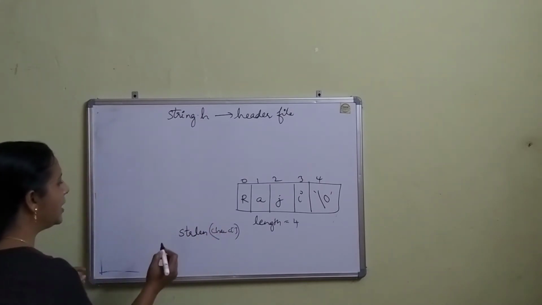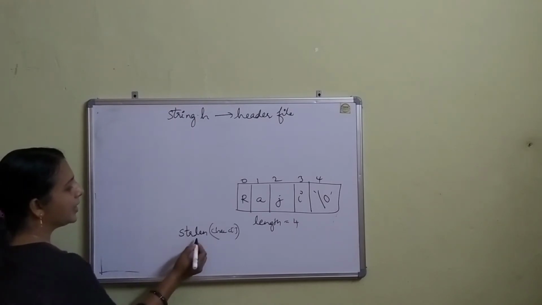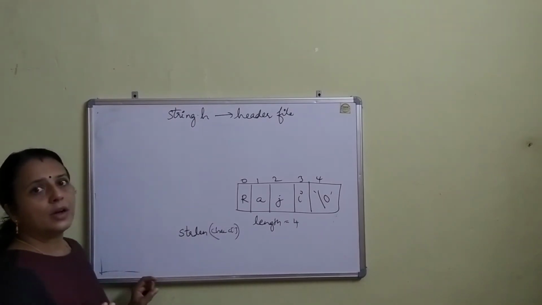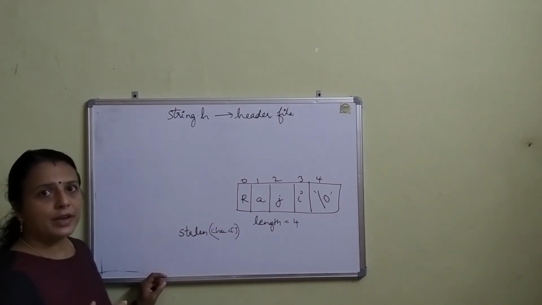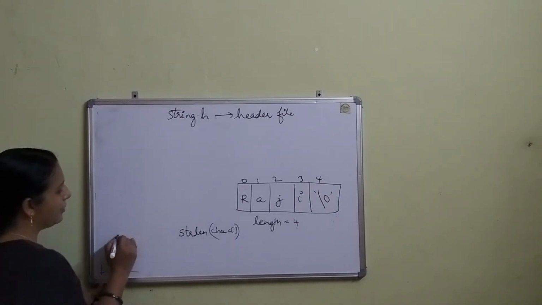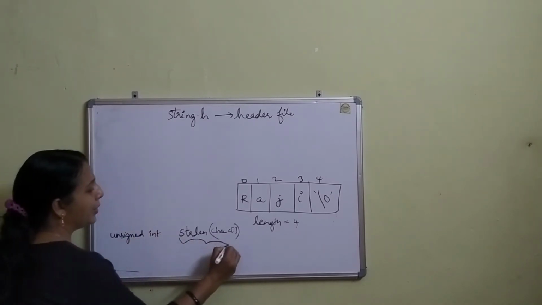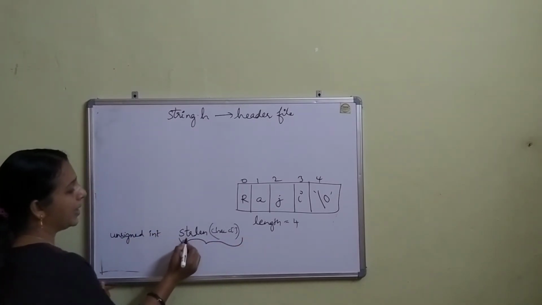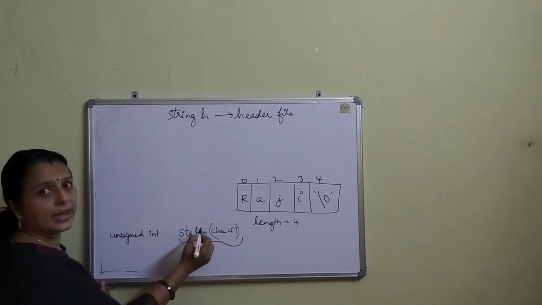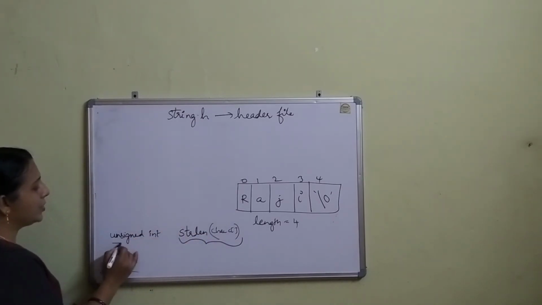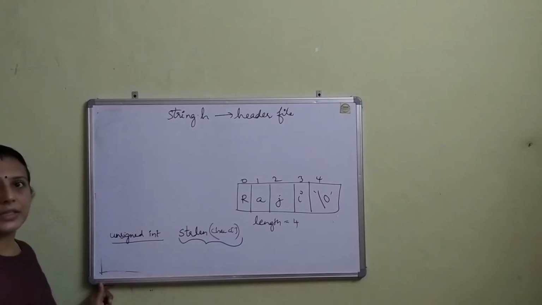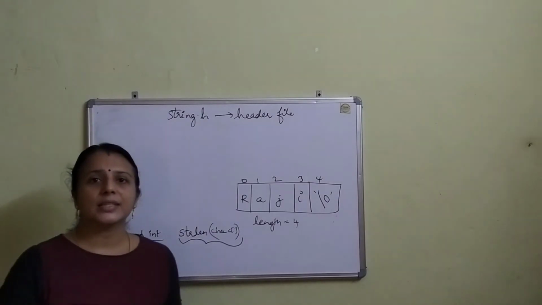Now, what is the return type, what is the data type of the return value? The data type of the return value is unsigned integer. Whatever value you are receiving after applying this function strlen, that value is of the data type unsigned int. So what is this unsigned int?